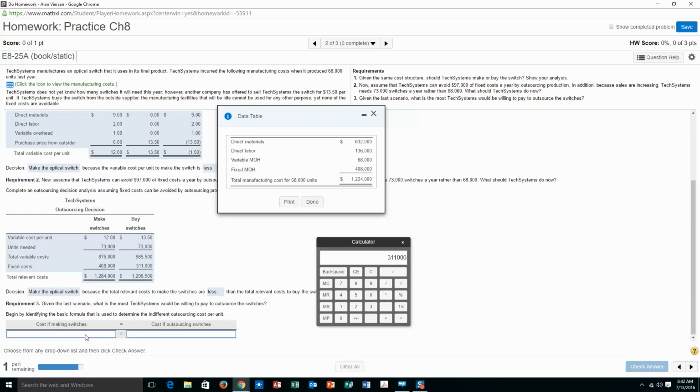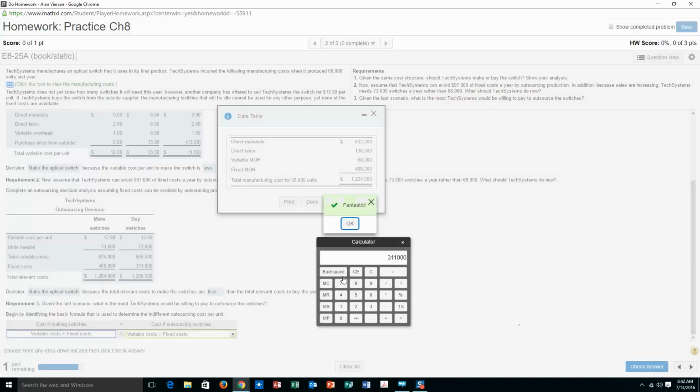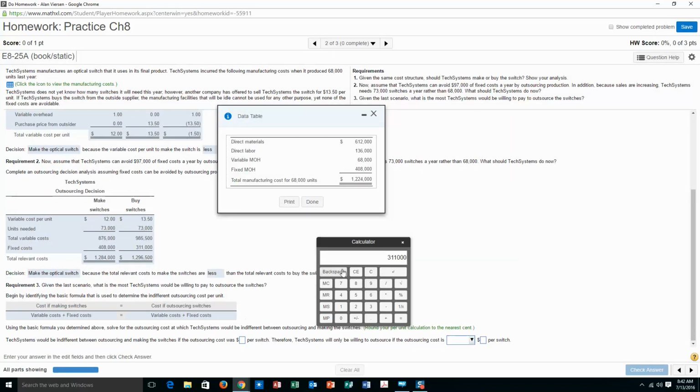So the cost of making the switches is going to be both the variable costs plus the fixed costs, compared to the variable cost plus the fixed costs. Okay, so that would mean that instead of the old way where it used to be when revenues equal expenses, now it's the variable and fixed costs. So that's the formula.